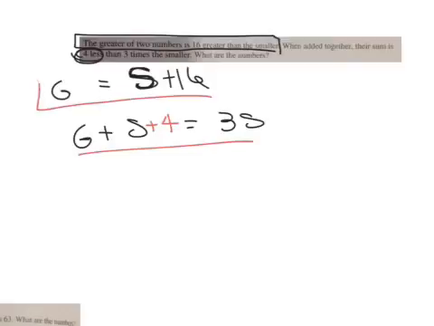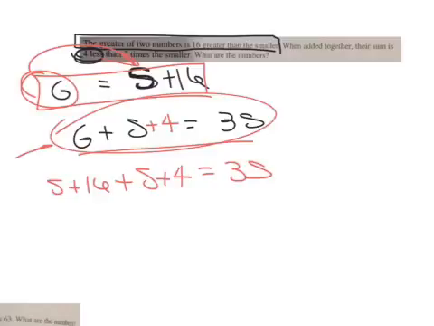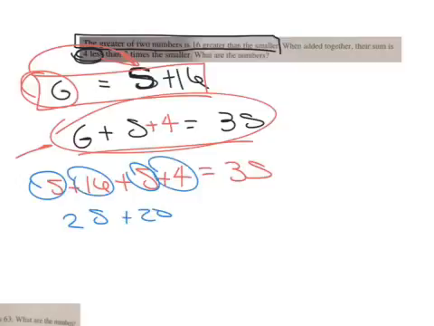Well, my first equation here says wherever I see a g, I can put an s plus 16 in its place, and that's what I'm going to do here. So I just rewrote this second equation. Alright, so that gives me 2s plus 20, because I had these two, equals 3s.